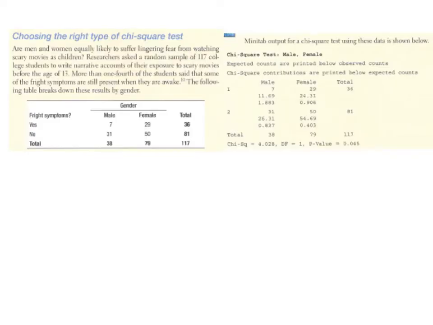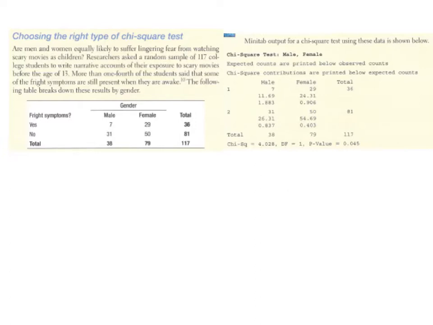Okay, so looking at this example here, we're going to read it, go through it, and think about which chi-square I would use for this. Take a second and read it and look at the Minitab data. Make sure that you can pull data out if they give you printouts of something like this.